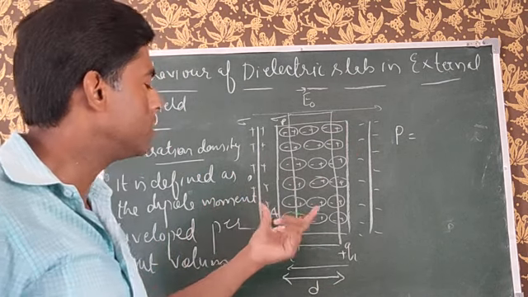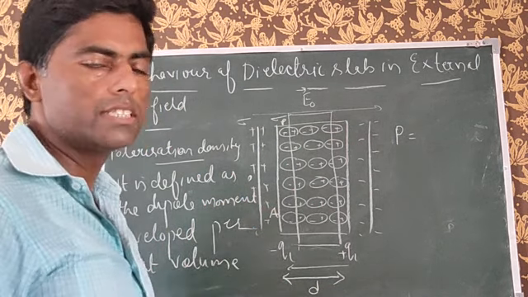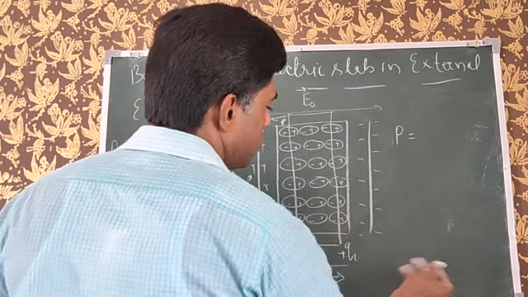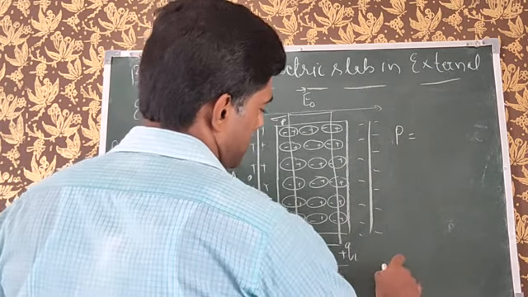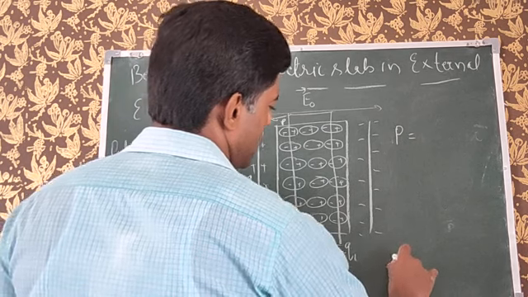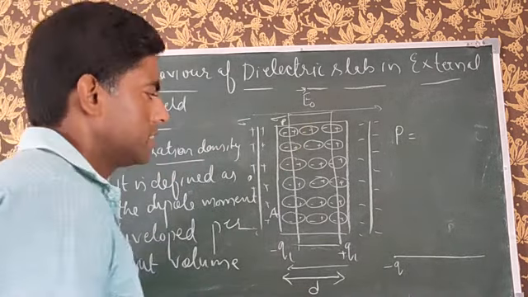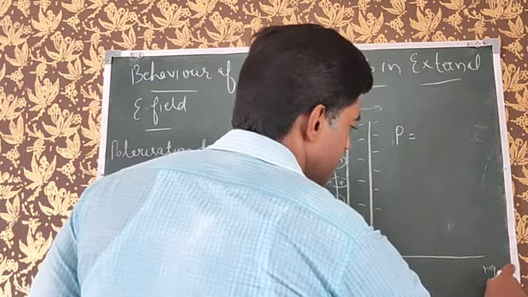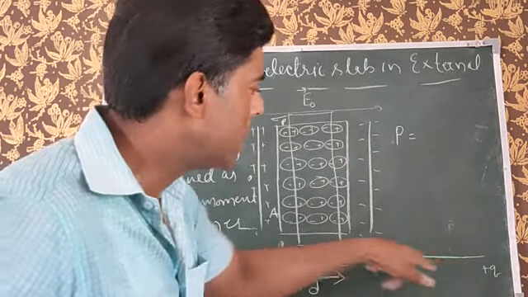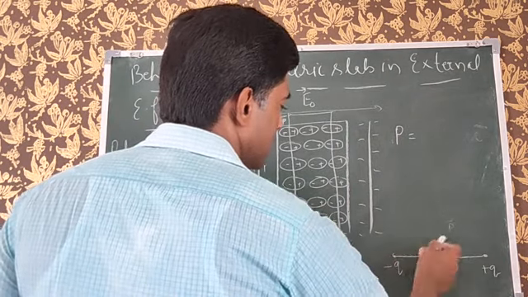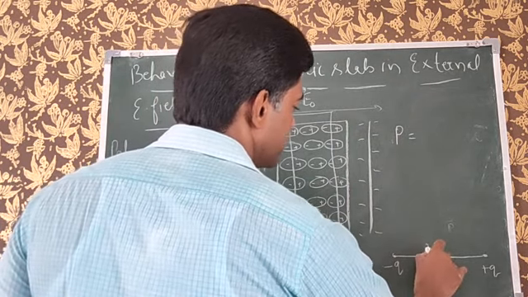We know what an electric dipole is: when two equal and opposite charges are separated by a certain distance, we get a dipole.